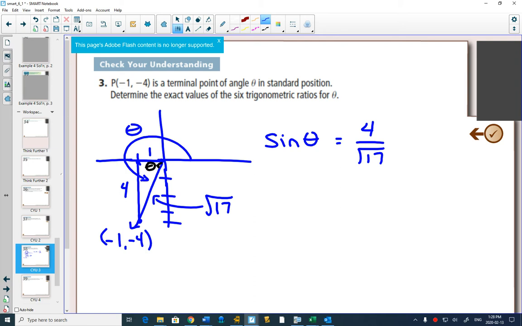That's what it would be for my reference angle. But because my actual angle is in quadrant 3, according to my CAST rule, it's going to be negative. So our reference angle finds us the ratio, and then we have to think back to our CAST rule to figure out if it's going to be positive or negative.